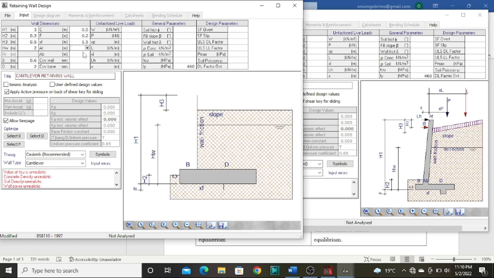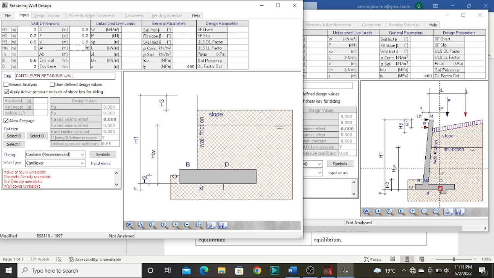Now we move to AB. From observation, AB is the width of our wall. We have not entered 80. 80 is the width of our wall at the top section, and AB is the width of our wall at the bottom section.